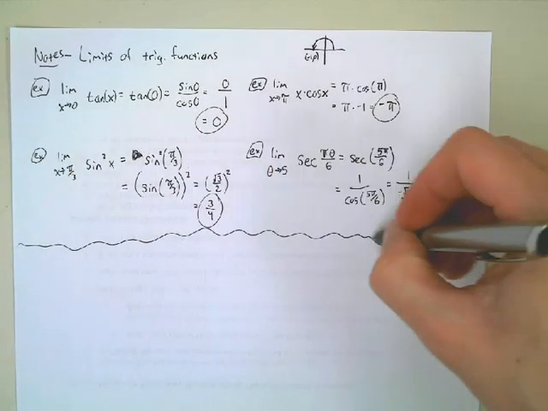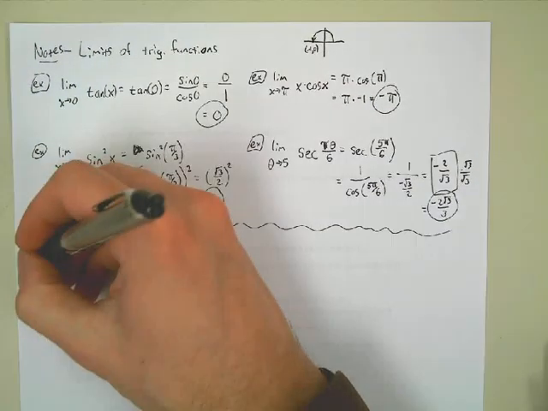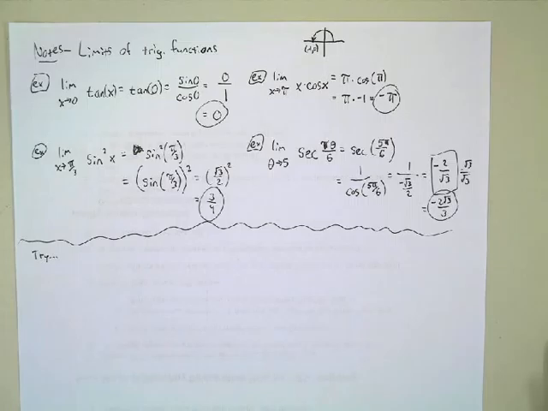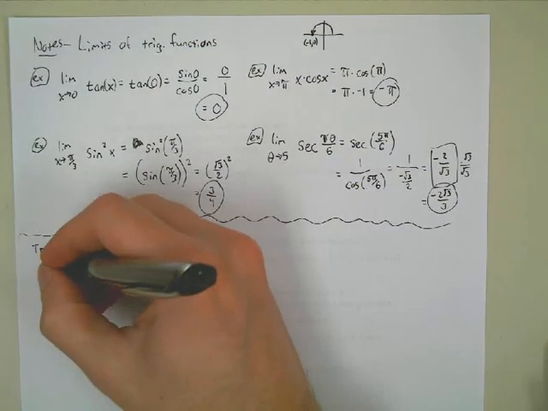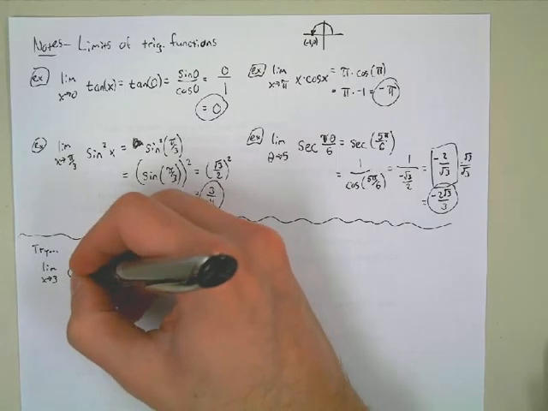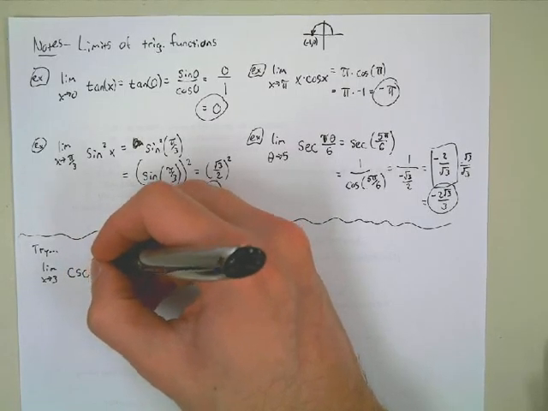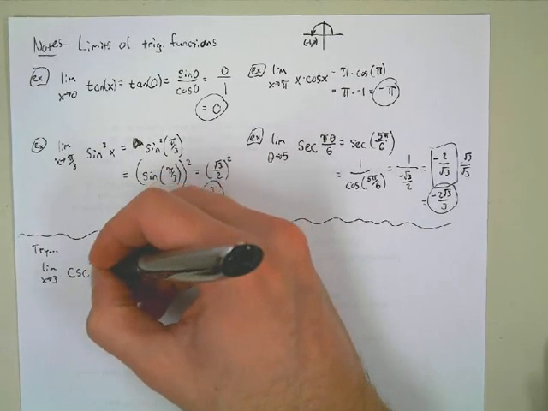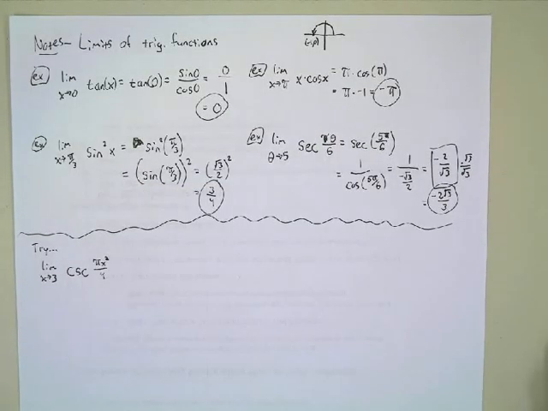All right, so there's the ones I'm going to have you guys try. Evaluate the limit as x approaches 3 of the cosecant of pi x squared over 4. You can zoom it out just a little bit, please. Oh yeah, sorry.